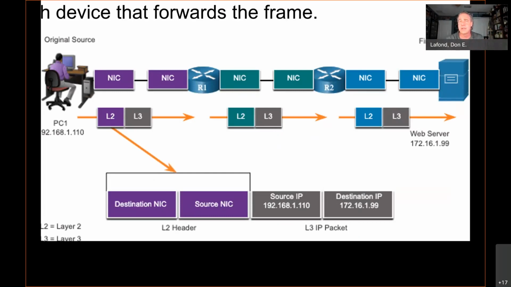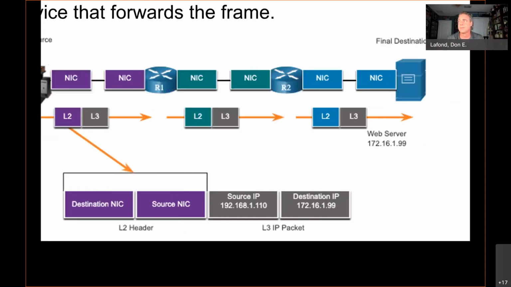If you understand this concept, then this chapter, modules 6, 7, and 8 are all easy, and then everything you learn later is just a little bit easier for you. So remember, MAC addresses change. They're layer 2. IP addresses do not change. They're layer 3 of the OSI model. Okay?